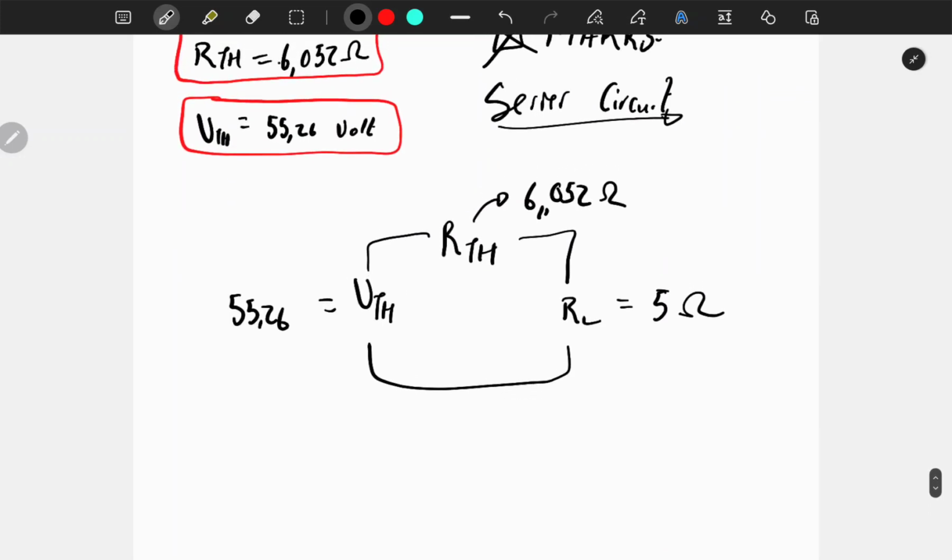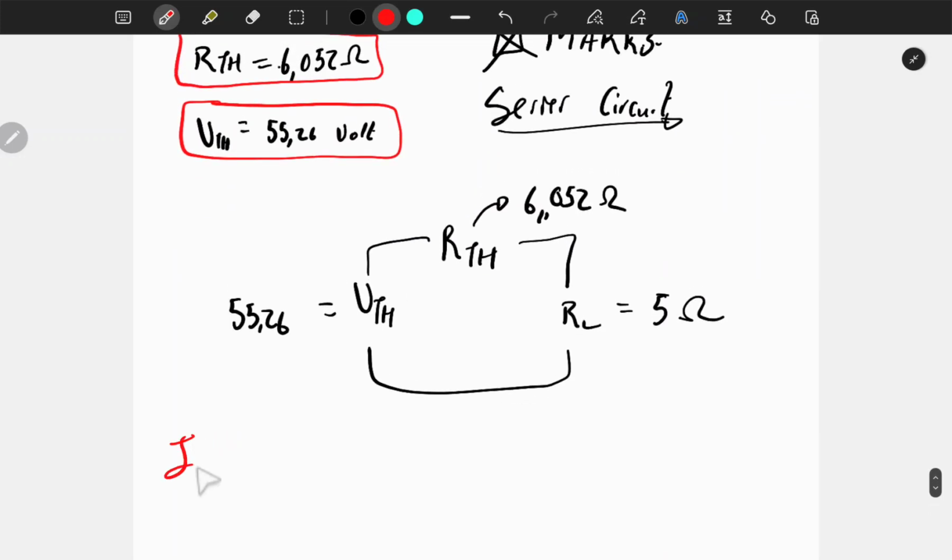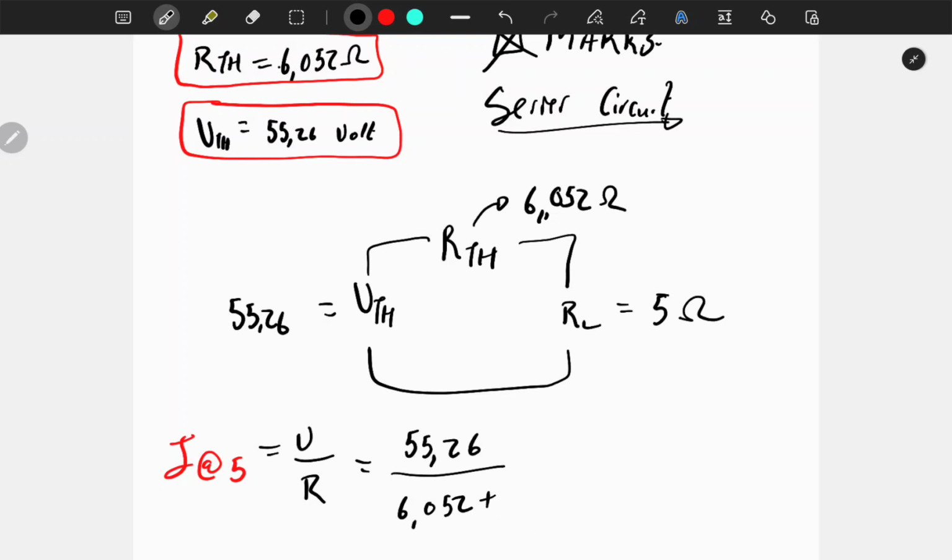So the question was the current at 5. So the current at 5 is equal to the voltage over the resistor, which is 55.26 over 6.052 plus 5.